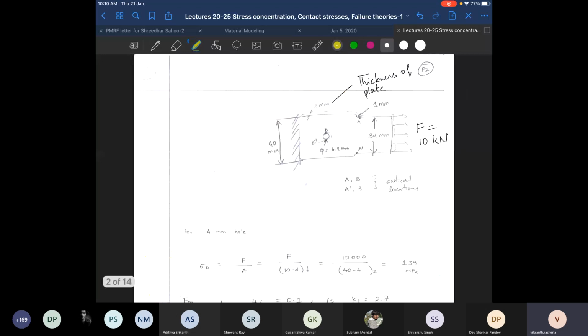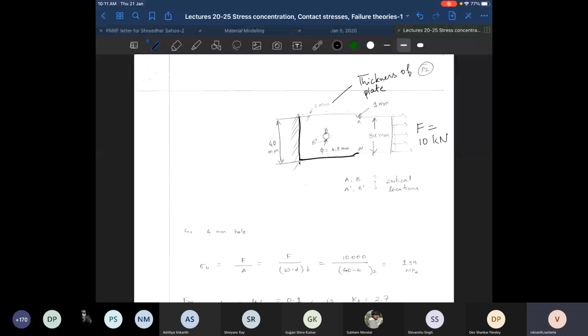Now, in order to understand how to determine Kt and Kts and how to estimate the maximum stress occurring at critical points, consider this particular problem. Over here, what I have is a plate.